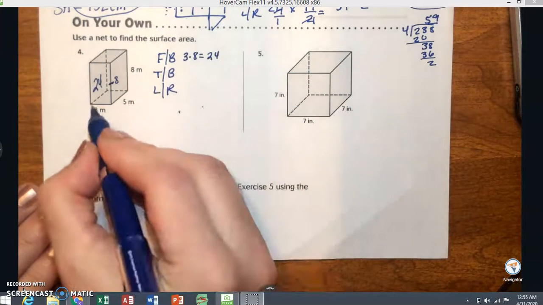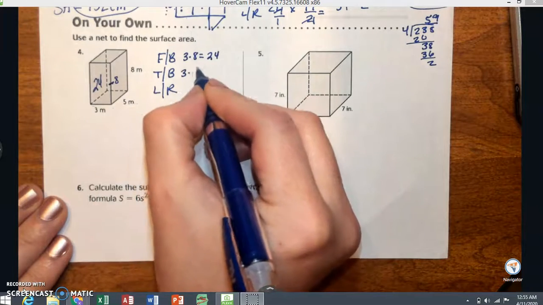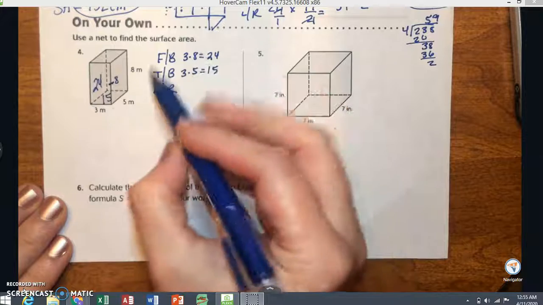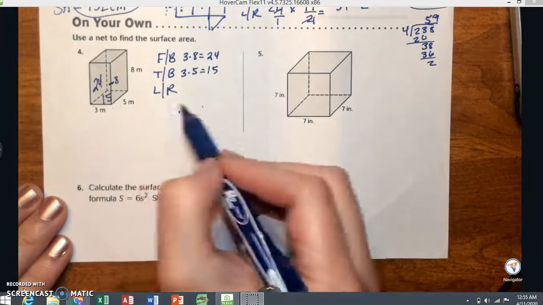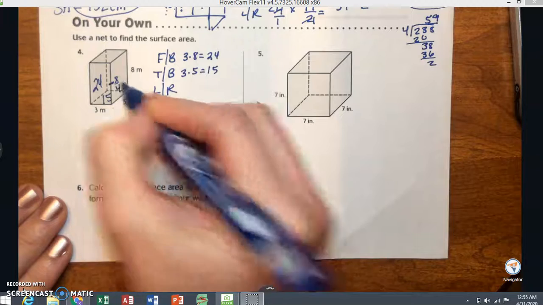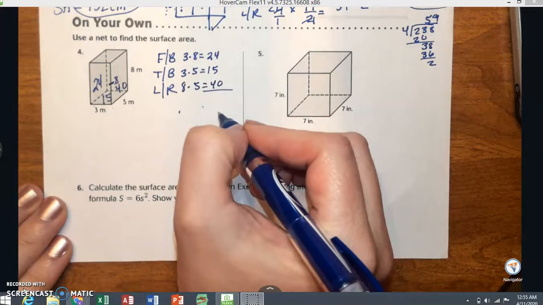Then we'll do the top and the bottom, so we're saying 3 times 5, which is 15. So that part right there is 15. And then we'll say this right side and the left side. So the right side is 8 times 5, which is 40. We're going to add those together.